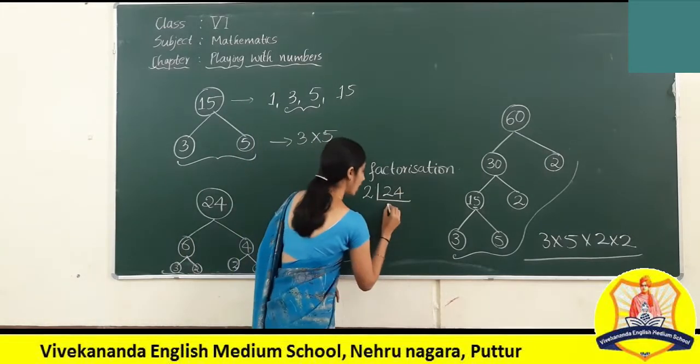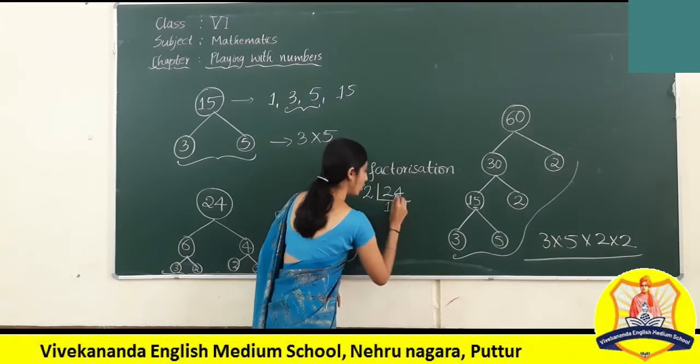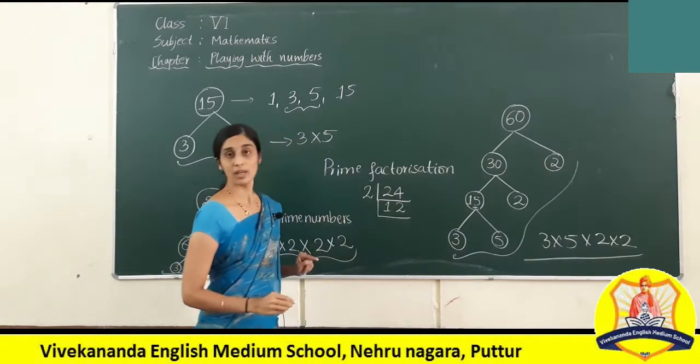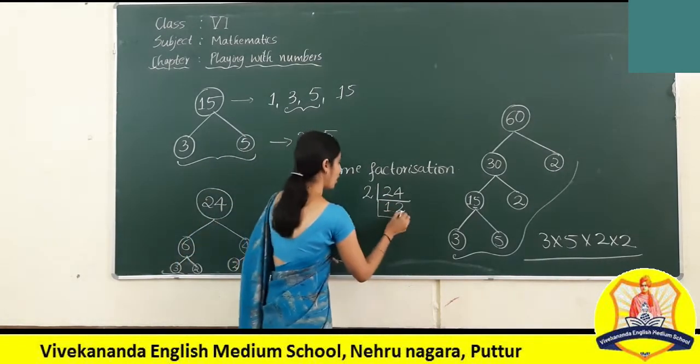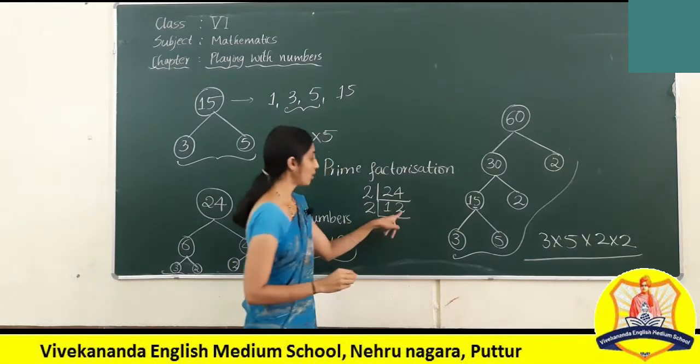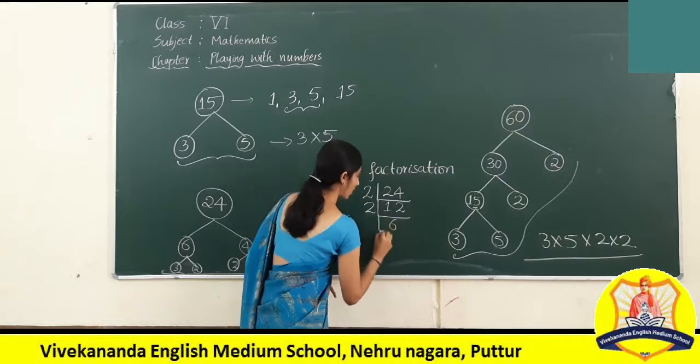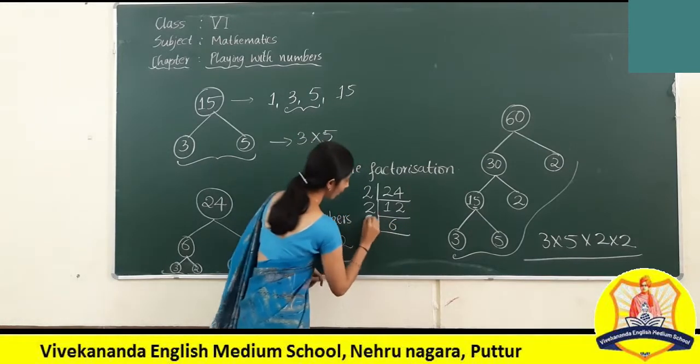2 1's are 2, 2 2's are 4. So, 2 12's are 24. Okay. Further, I can take 2. Even number, right? 2 6's are 12. Next, again I can take 2.